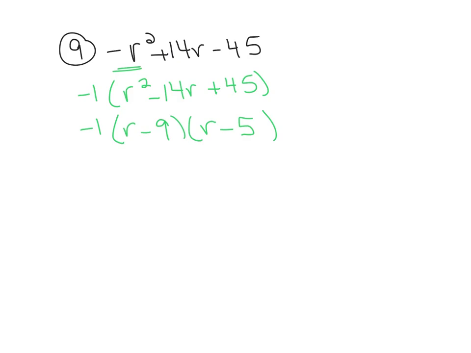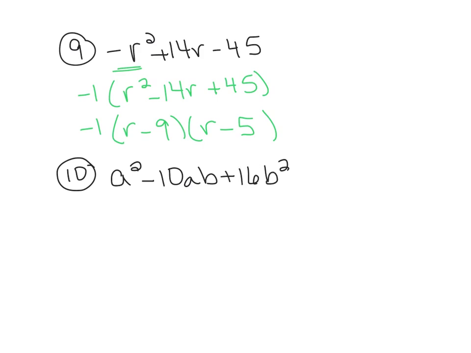All right, 2 more, and then I promise we are done. See if you can do this one. A squared minus 10ab plus 16b squared. So hit pause, do this one, and then come back. Hopefully you noticed I had an a and a b this time. Here's the only difference. When you go to start a, your second term's going to have a b.